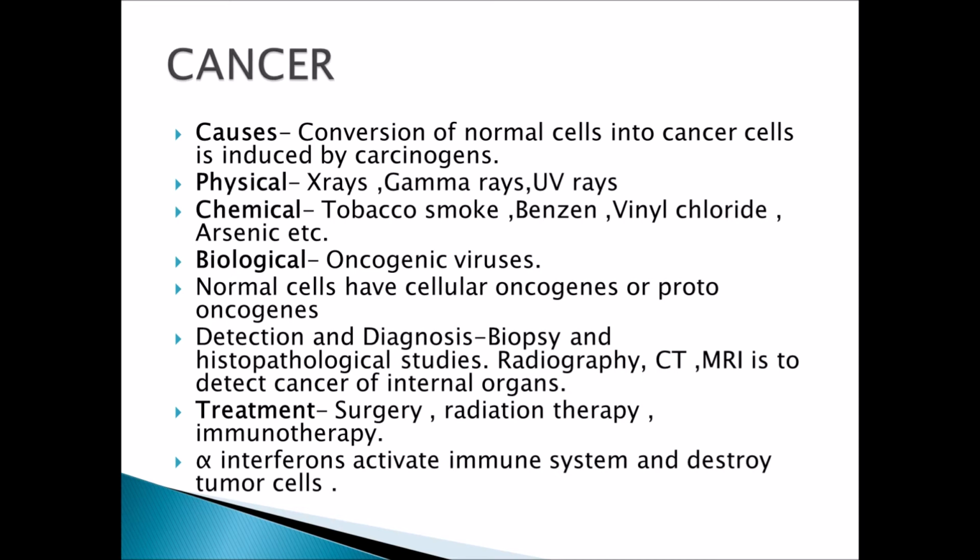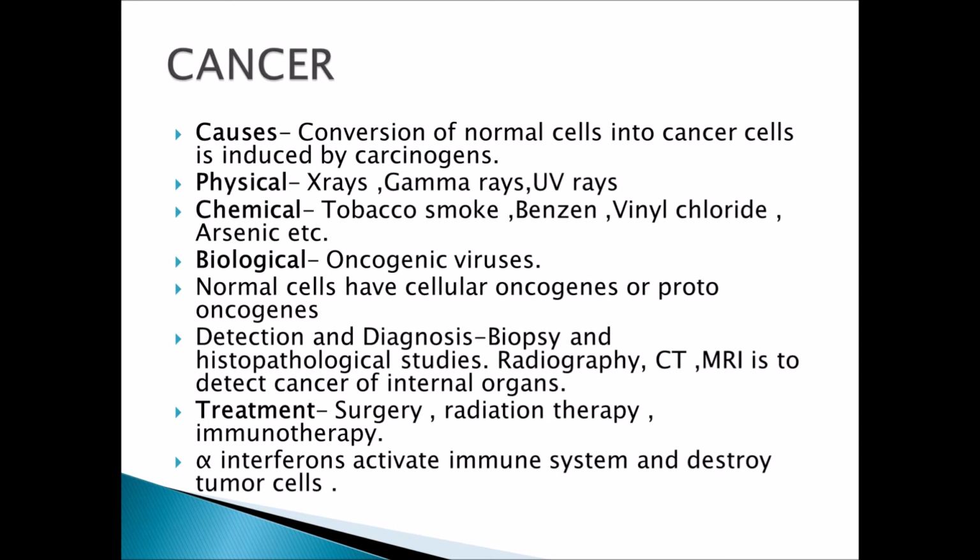There are three types of carcinogens. Physical, which includes X-rays, gamma rays and UV rays. Chemical carcinogens: tobacco smoke, benzene, vinyl chloride, arsenic, etc. Biological: oncogenic viruses. There are certain viruses which cause cancer. They have oncogenes and they are oncogenic viruses.